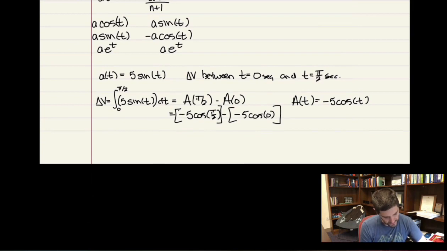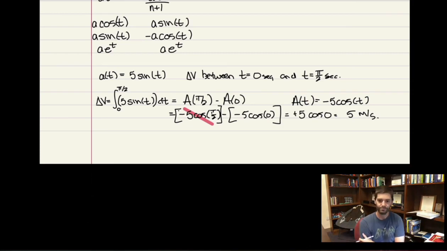Cosine of pi over 2 is 0, so that goes away. You have the minus sign, so this becomes plus 5 cosine of 0. Cosine of 0 is just 1. The answer then just becomes 5 meters per second, for example.